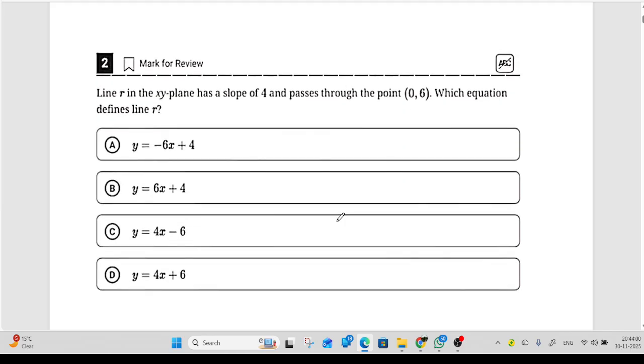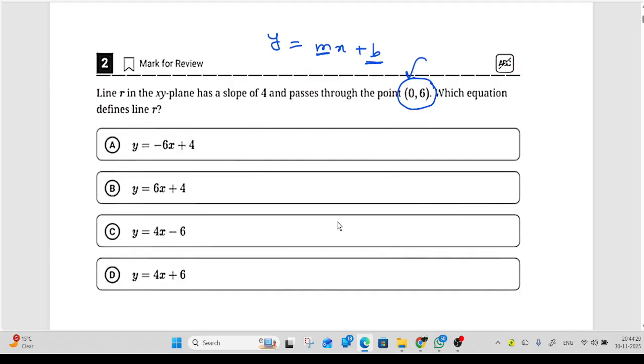So this is our next question, which says line R in the xy plane has a slope of 4 and passes through the point (0, 6). Which equation defines line R? So the equation of a line in slope intercept form is y equals mx plus b, where m is slope and b is y intercept, right? So y-intercept is given. How do we know this is y-intercept?